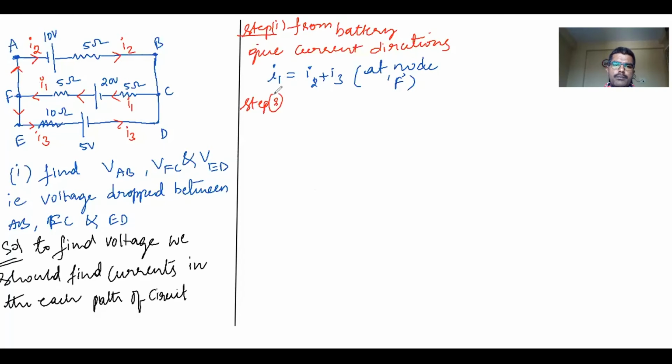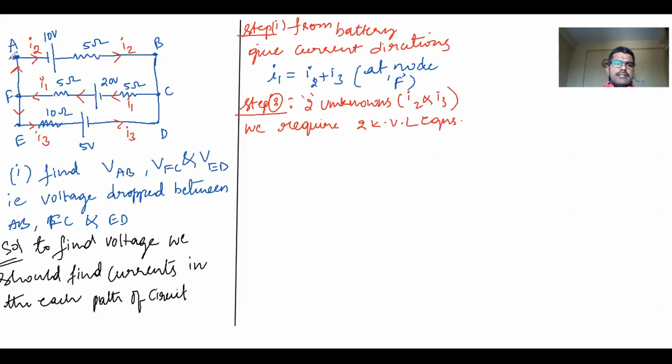So step 2, two unknowns. What are those two unknowns? I2 and I3. We require two KVL equations.